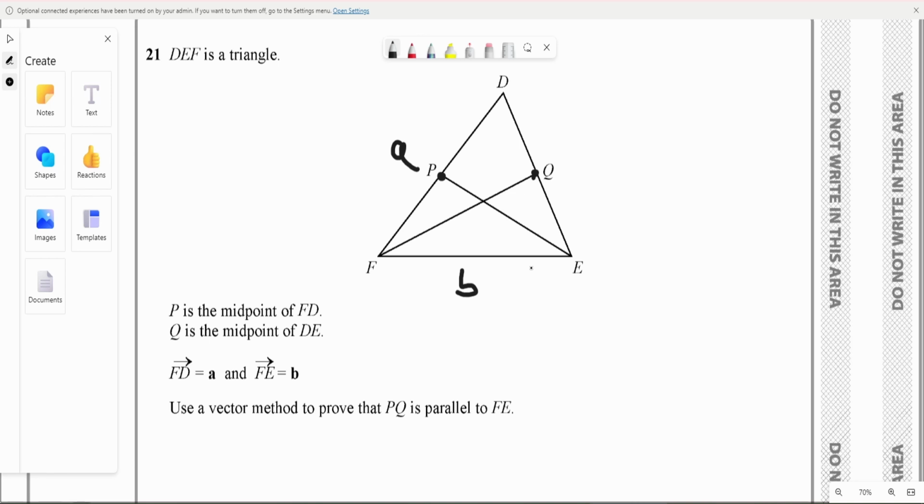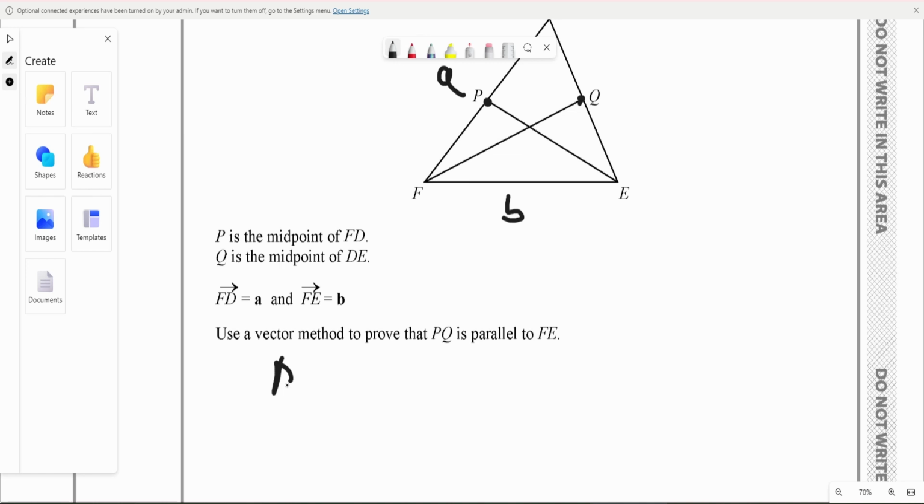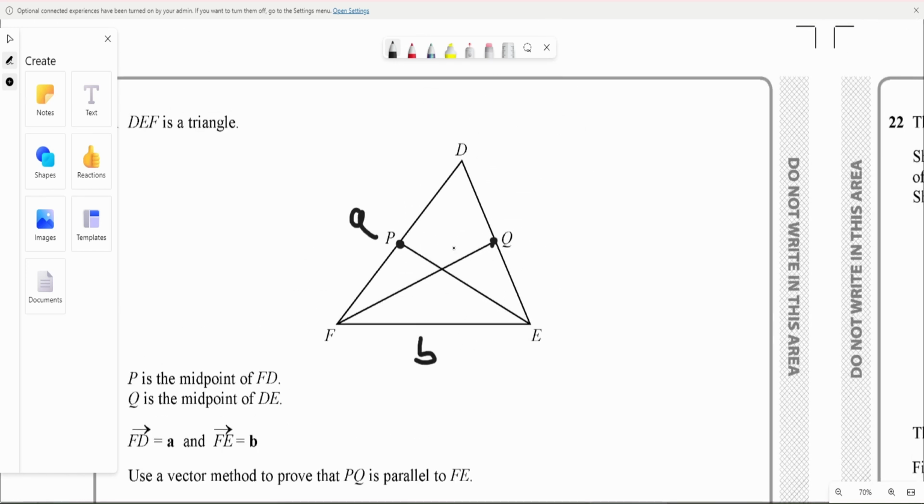What we're going to do is we know the vector D to E, there you go.